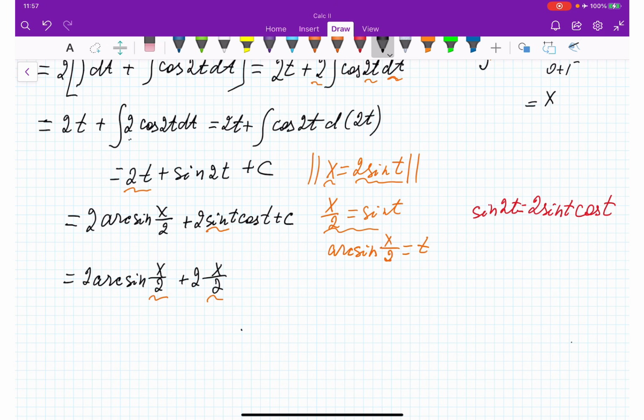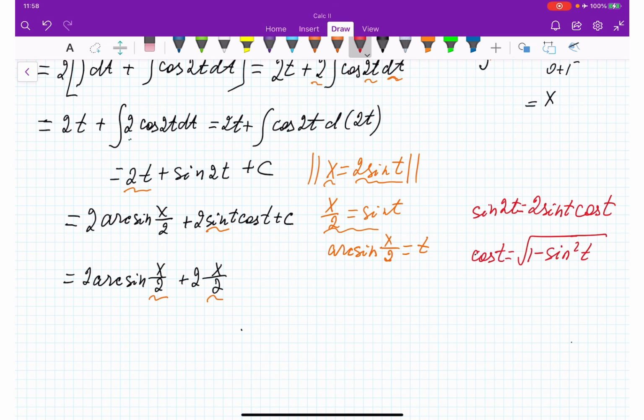Okay. And next, cosine t. Let's work out cosine t a little bit, because I don't have cosine t here, so how am I going to bring it? Cosine t is equal to the square root of 1 minus sine squared t, right?